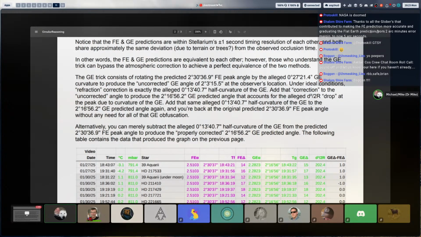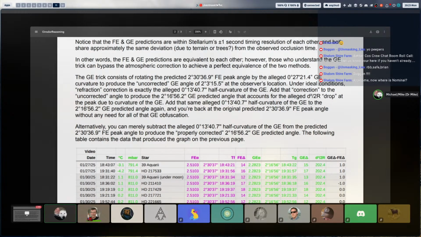So at the peak, flat Earth predicts 2 degrees 31 arc minutes. At the observer, globe Earth predicts 2 degrees 3 arc minutes before correction. And under ideal conditions, the refraction correction our globe Earth friends apply is exactly the alleged 13 arc minute, 40.7 arc second half curvature of the globe Earth.